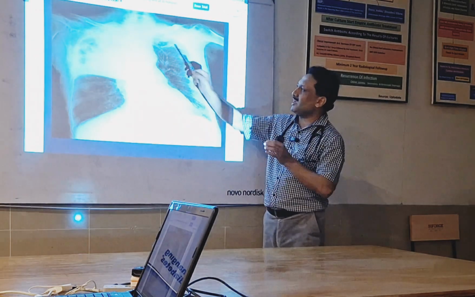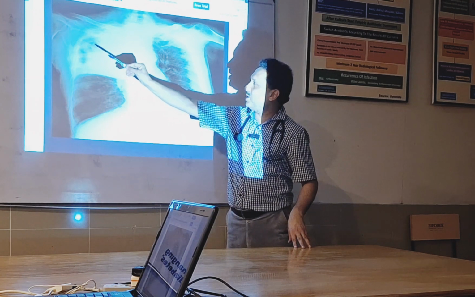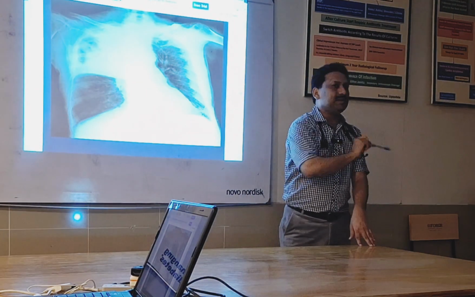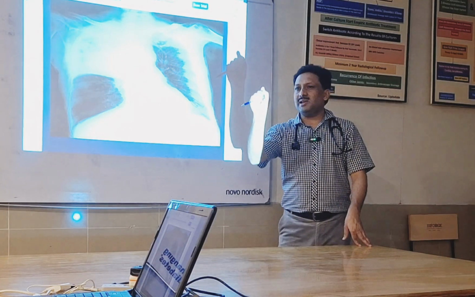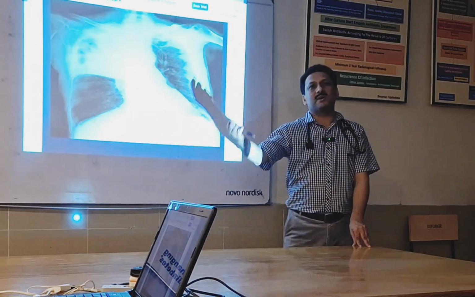As you are seeing this opacity, you are seeing these small blackish air pockets inside. In a whitish opacity, if you ever see blackish air pockets, these are known as air bronchograms.